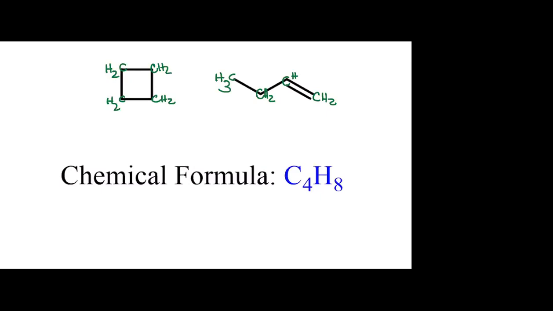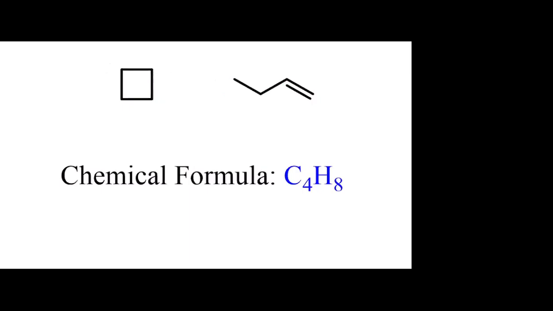You guys can also name these 2, because these are functional groups that we already learned how to name. So here on the left, we have a cyclic alkane. What would be the name of the molecule on the left?